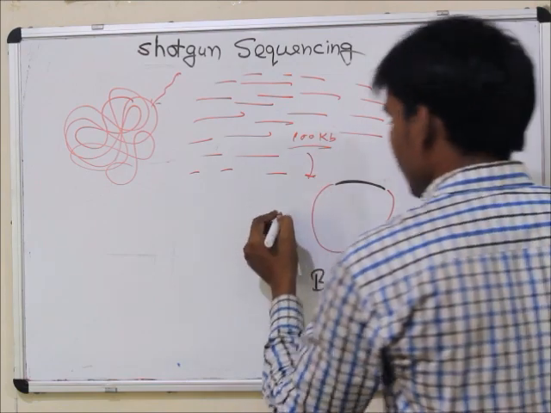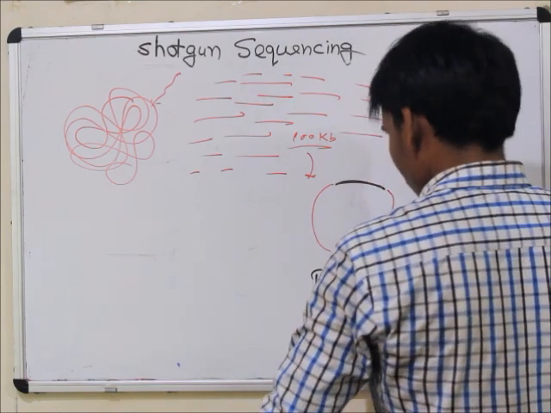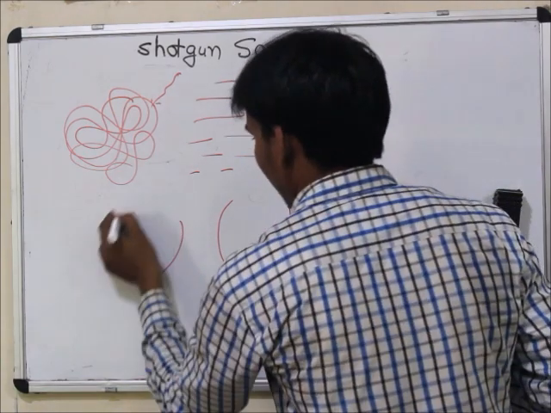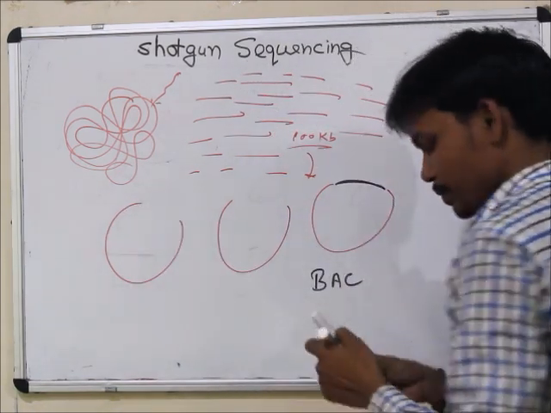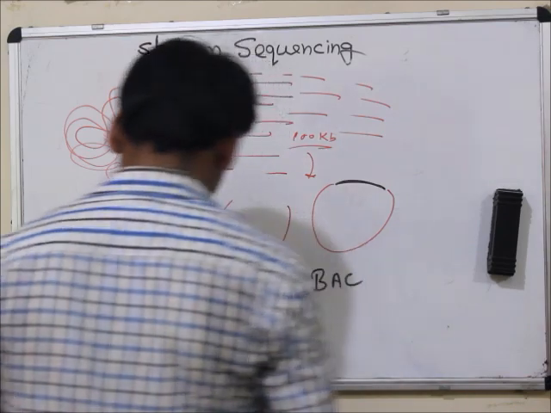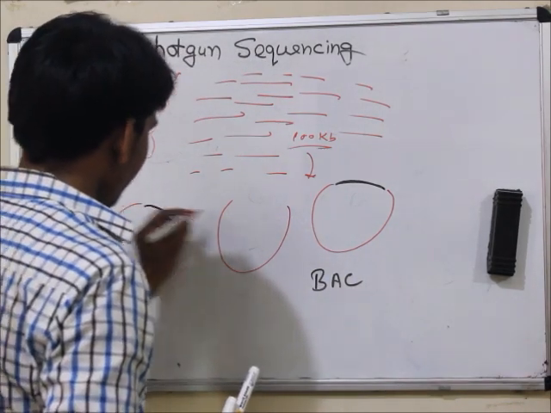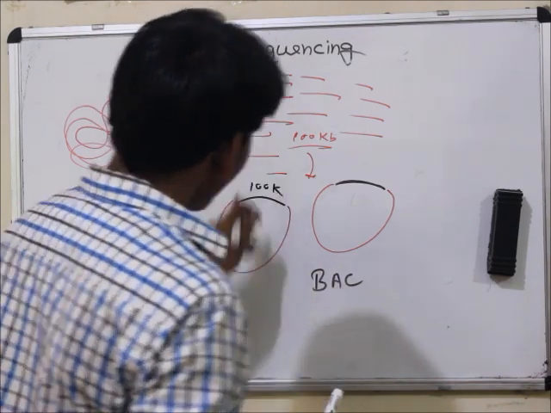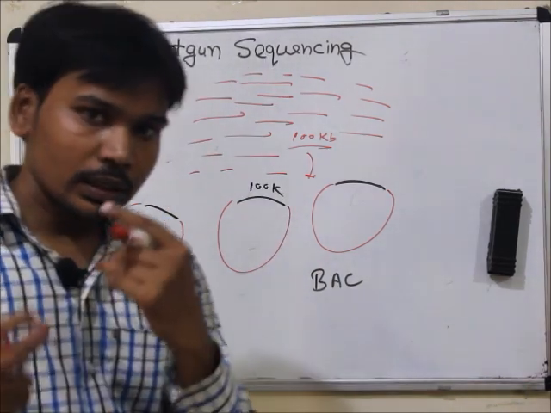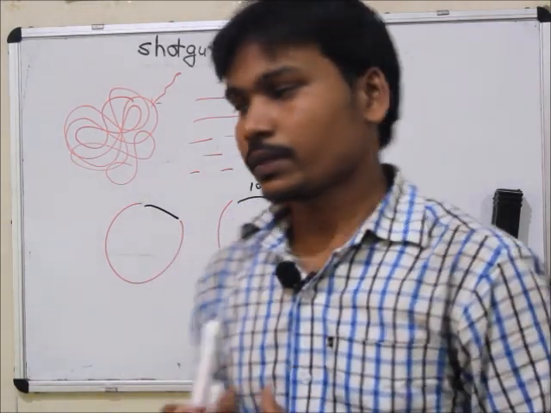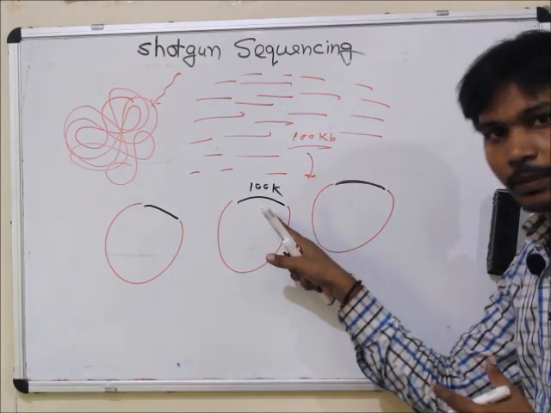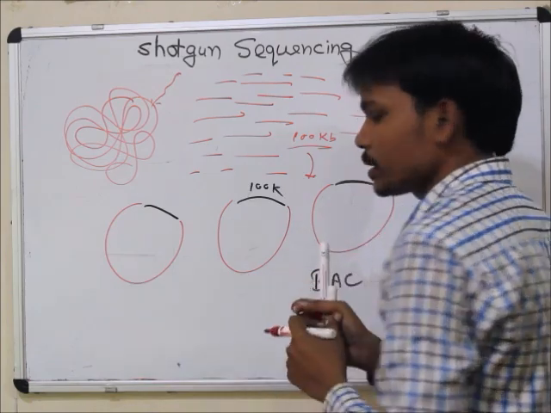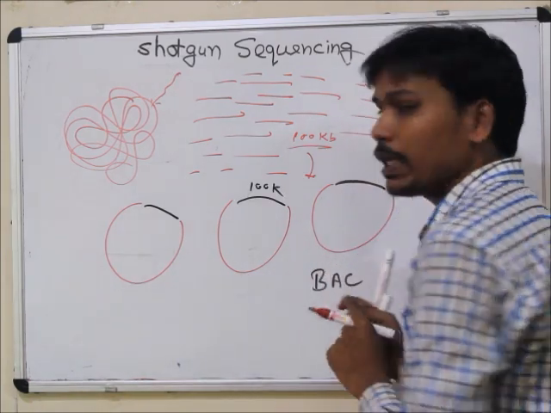So all these fragments will be cloned. I am showing only some drawings. This is 100 kb. When the bacterial artificial chromosome is introduced with this fragment set, the bacteria will multiply, and the bacterial artificial chromosomes will be multiplied.